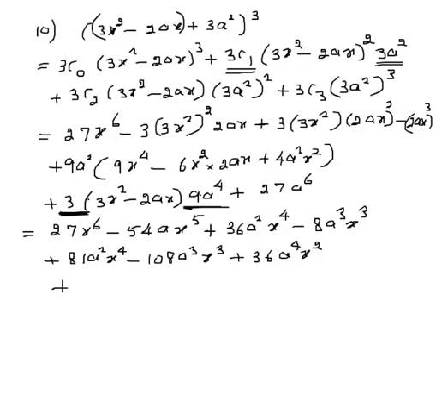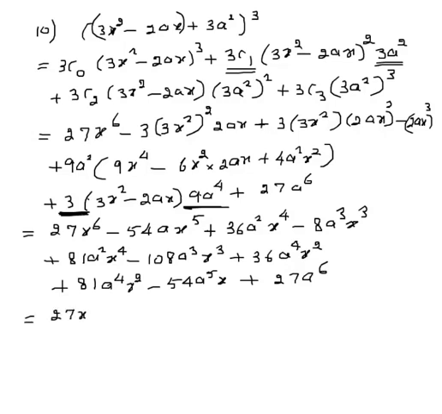I am multiplying 3 and 9. 27 into 3, 81. 81 a raised to 4 x square minus 6. 6 9s are 54. a raised to 5 and x. And the last term is 27 a raised to 6.